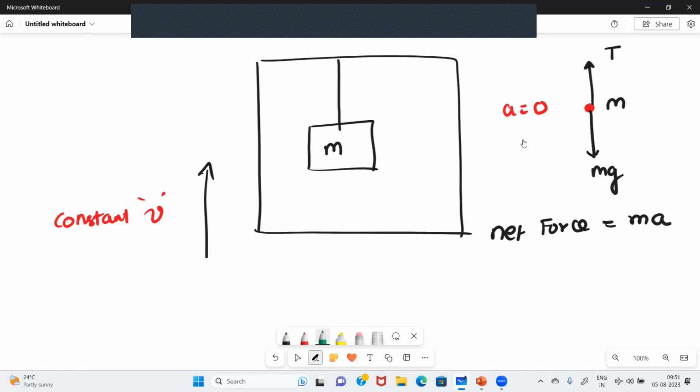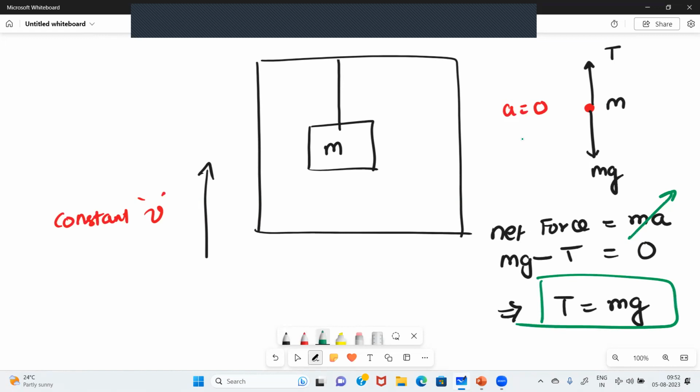Because a is 0, this will be 0. What is the net force? You can either write mg minus T or T minus mg, it does not matter here. So in this case, you will get tension is equal to mg.